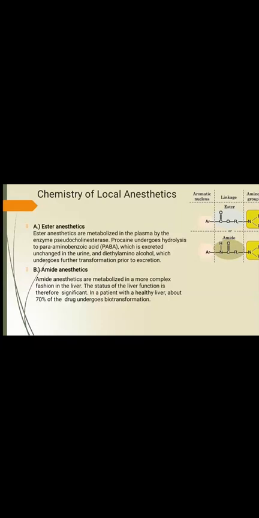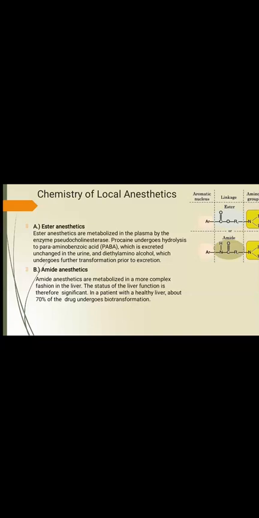So, as we have seen, there are ester anesthetics and amide anesthetics structurally. Ester anesthetics are metabolized in the plasma by the enzyme pseudocholinesterase, which generally occurs in blood and is also prevalent in the liver.